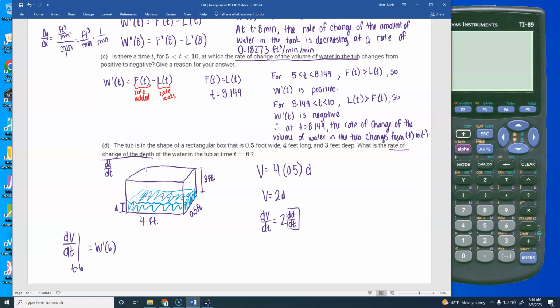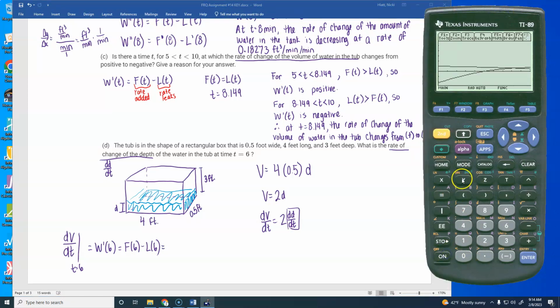So it's W prime of 6, which is F of 6 minus L of 6, which, if we go back over to our calculator, we can do y1 of 6 minus y2 of 6.